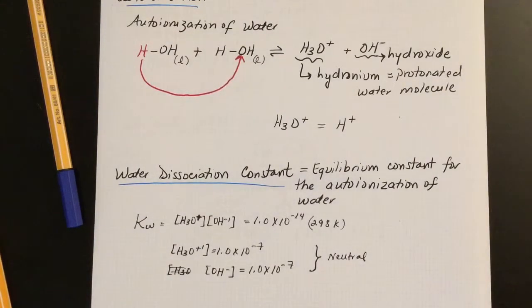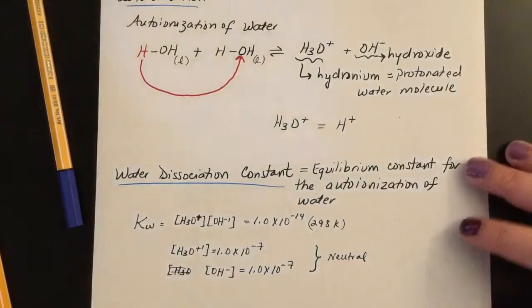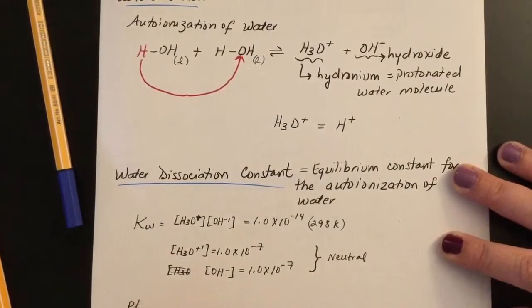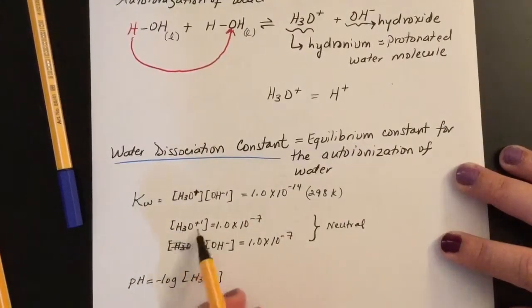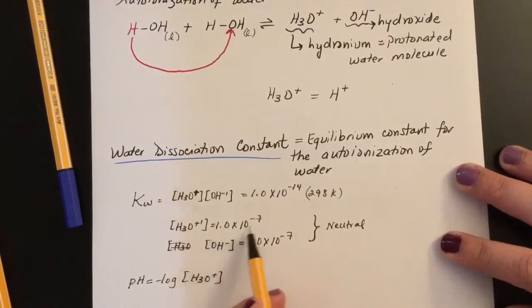So we can do something here. You have your equation for pH. If the concentration of hydronium here is 1 times 10 to the minus 7, we can actually calculate a pH value, because to calculate a pH value, what you need is a concentration of hydronium.